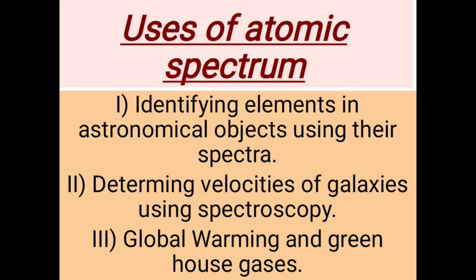Next use is global warming and greenhouse gas. The sun emits radiation over a long range of wavelengths that are mainly in the invisible part of the spectrum. Radiation at these wavelengths passes through the gas of the atmosphere to warm the land and the ocean below.